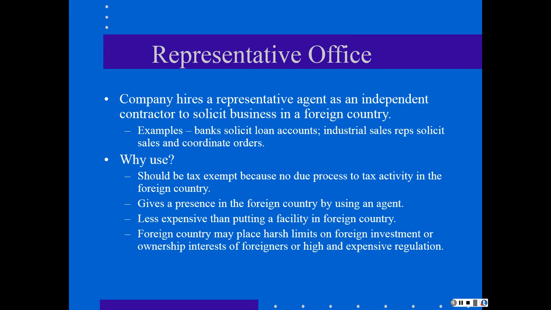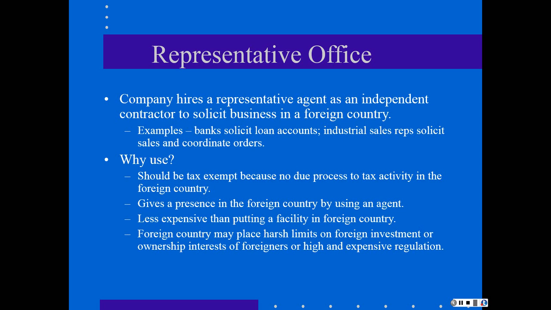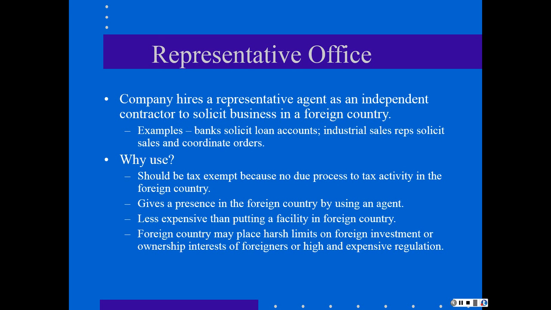It should be tax exempt, meaning the revenues generated from them may not be taxable in that foreign country, because there's no due process to tax the activity in the foreign country, in essence. Unless the law is different from what it is in the United States, and it may be, but generally is not, the due process requirements are in effect.